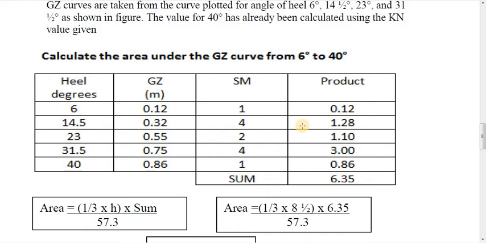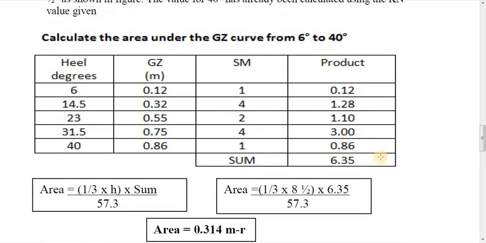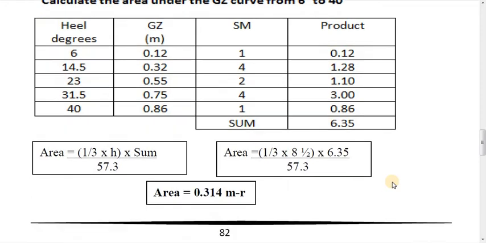Okay, and we have the Simpson multiplier of 1, 4, 2, 4, 1, and multiplying that, we have the product: 0.12 times 1 is 0.12, and so on. Then we have the sum of the product, which is 6.35 degrees. Now we can calculate the area under the GZ curve from 6 degrees to 40 degrees using Simpson's rule.